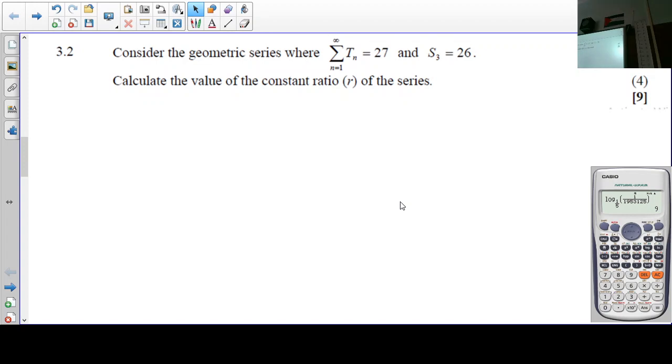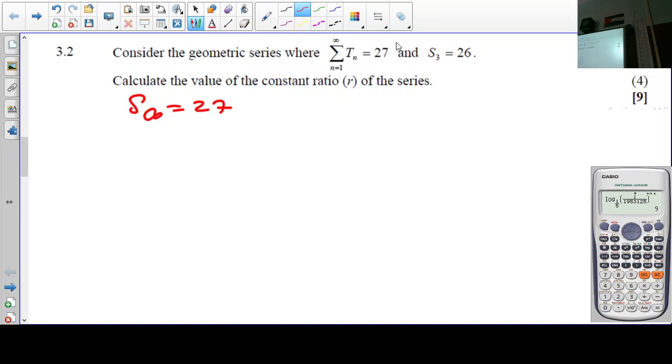Thank you. Okay, so here we're given this here. So what do we note from here? What can we determine? What is told to us at that point? Sum to infinity can be picked up. So the sum to infinity here is 27. Not so. Right? And then we are told that the sum of 3 terms is 26.